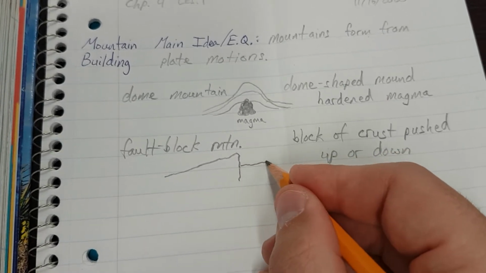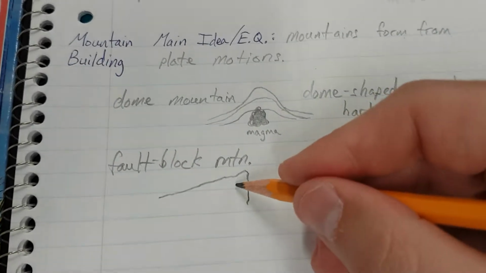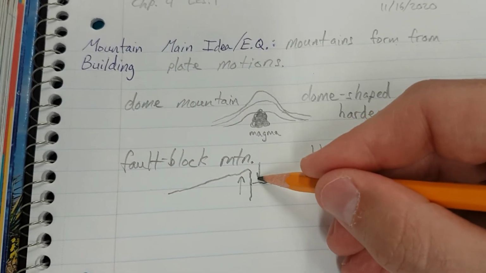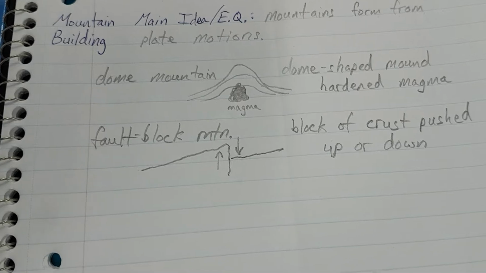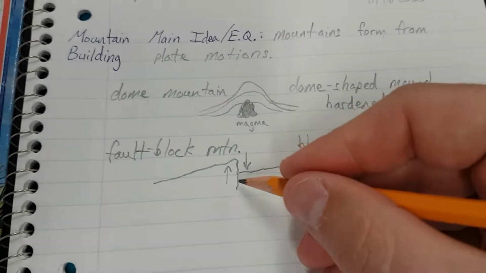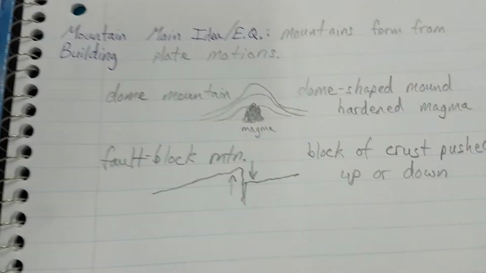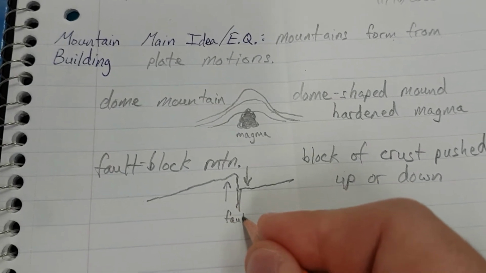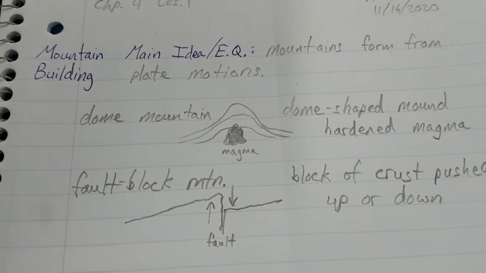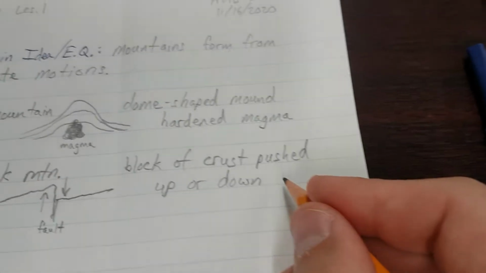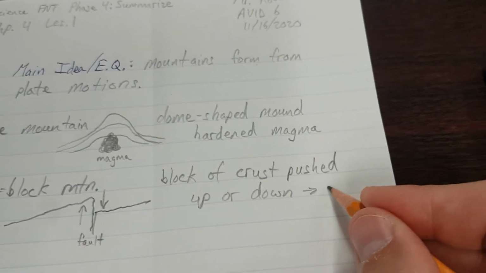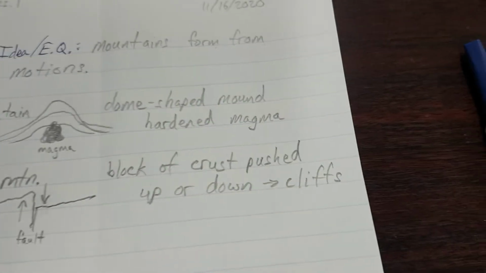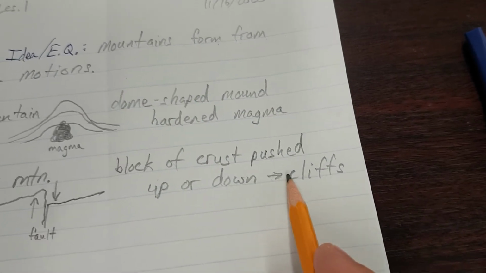And then right about there, I'm going to draw that. That could be getting pushed up, or that could be going down. And let's kind of draw a second line right there so we can see that that's the fault. So over here, you usually end up with cliffs, arrow, cliffs.